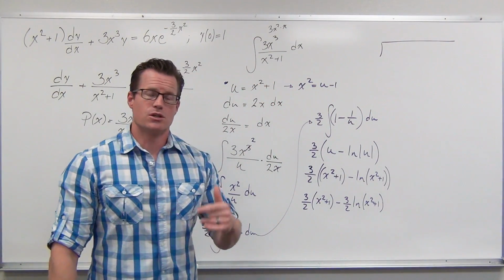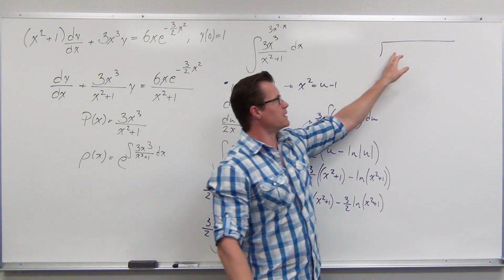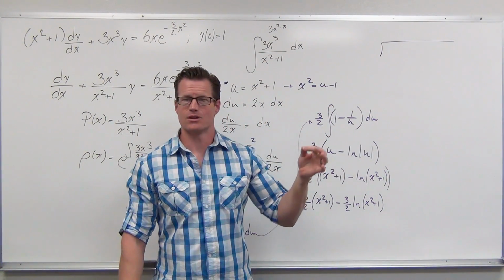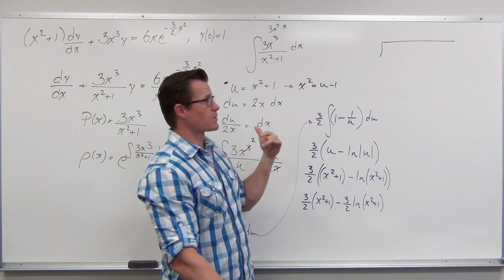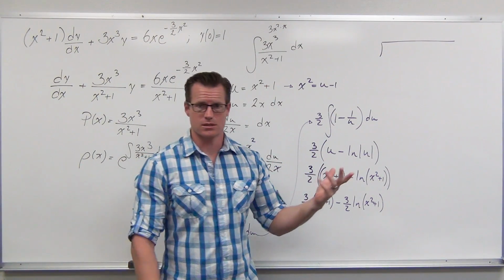Remember with long division, you need every power on this numerator in here. Every power of x descending down to a constant. So we'd have 3x cubed, sure, but we'd have 0x squared, 0x, and then a constant of 0.